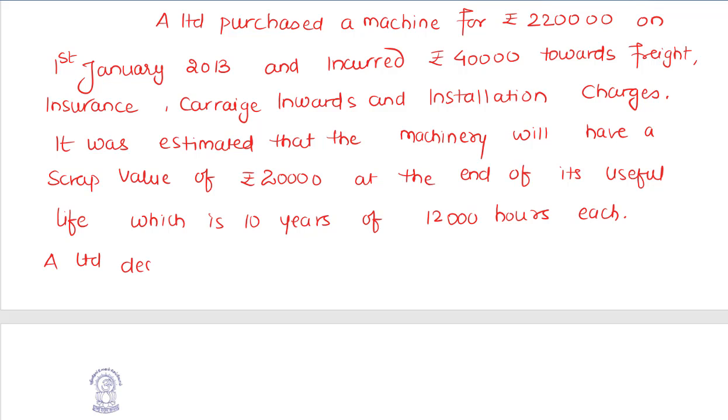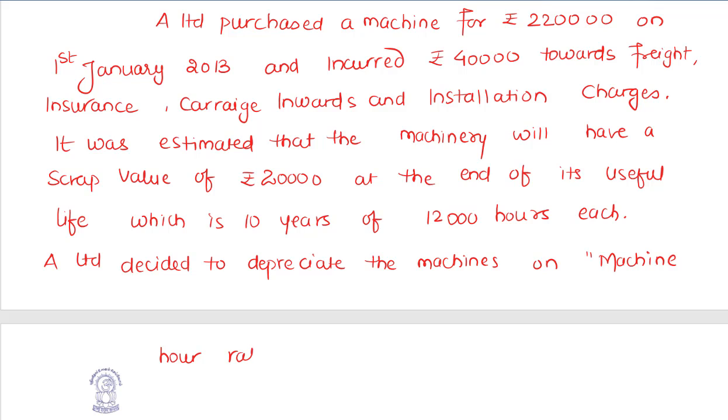A Limited decided to depreciate the machine on machine hour rate method.